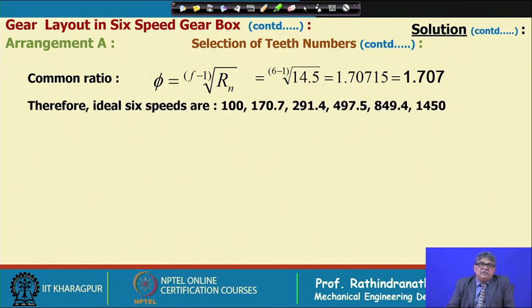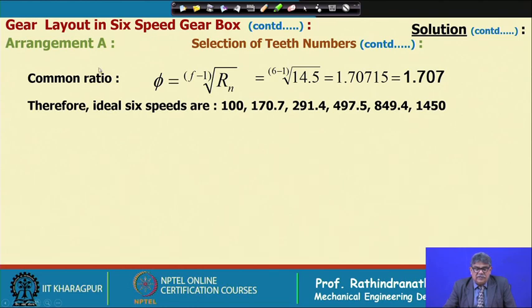Therefore, considering the minimum speed is 100, the first speed is the minimum speed, 100 into phi to the power 0, which is 100. Then we multiply by the common ratio, and we get 170.7.